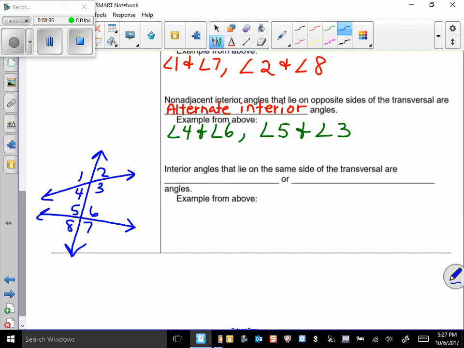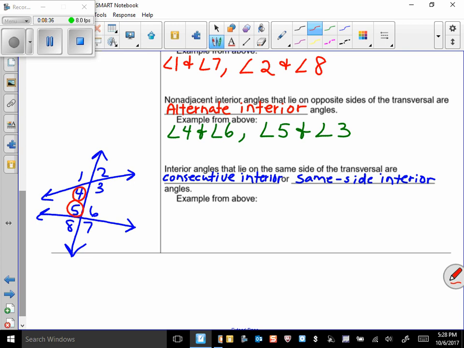All right, so interior angles that lie on the same side of the transversal are called consecutive interior angles or same side interior angles. Okay, so the examples that we would have in the picture here would be 4 and 5.